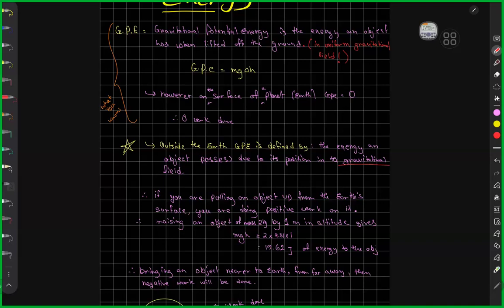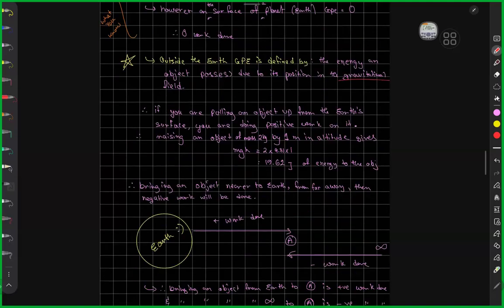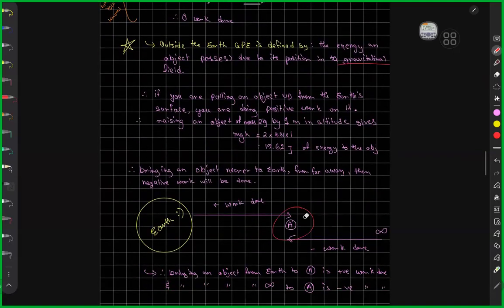Gravitational potential energy means the energy of any object, let's say A, at any given position in a gravitational field, for example, that of Earth. So the gravitational potential energy is only, and only, determined by position.